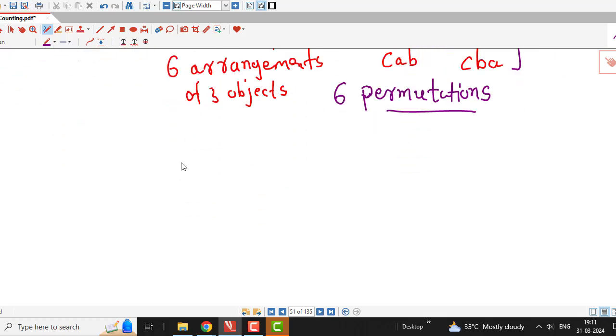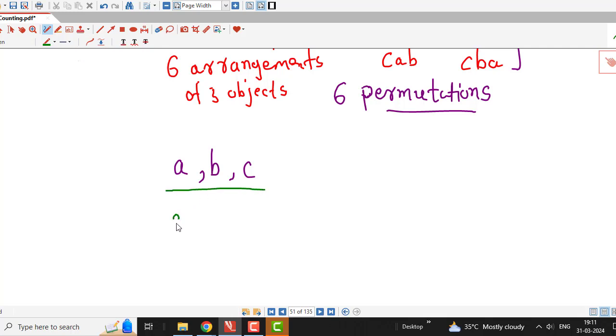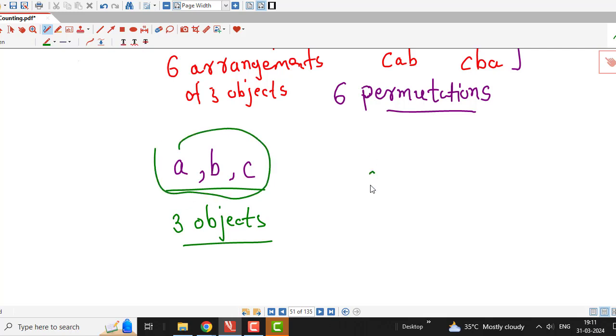Similarly, sometimes we are interested in the arrangement of a smaller number. Here I have 3 objects, but suppose I am interested in the arrangement of 2 objects. Then we can list out AB, and because order is important, BA is considered different. Similarly, I can have BC and CB, AC and CA.